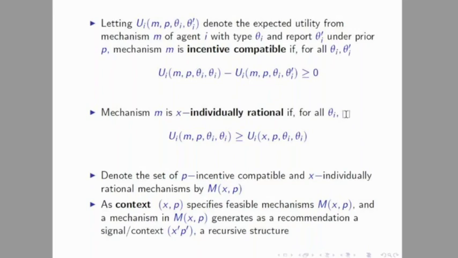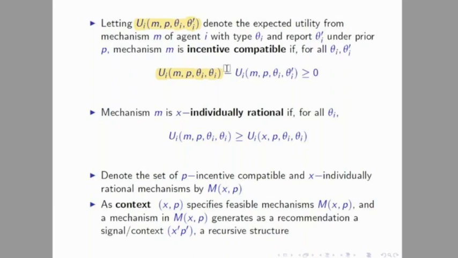So the mechanism is incentive compatible if the expected payoff of agent I with type theta I, when we are using the mechanism, assuming that the mechanism's recommendation is always implemented given prior belief P, when the agent reports type theta prime I to the mechanism, is this U thing over here.